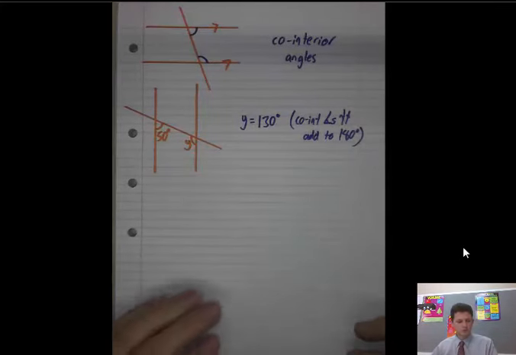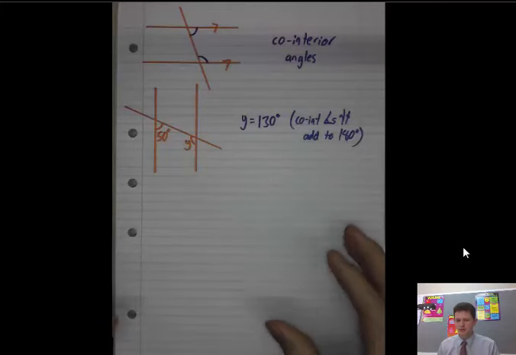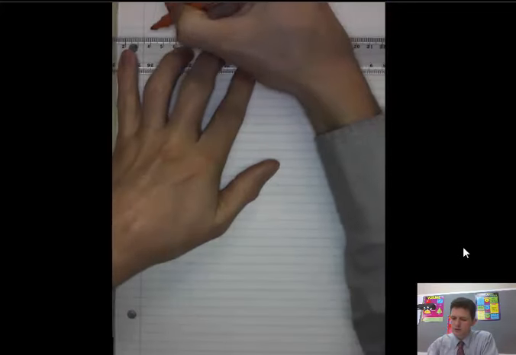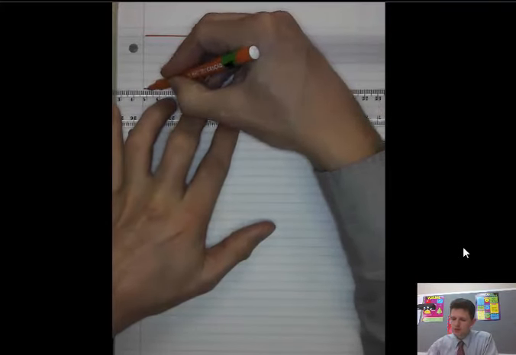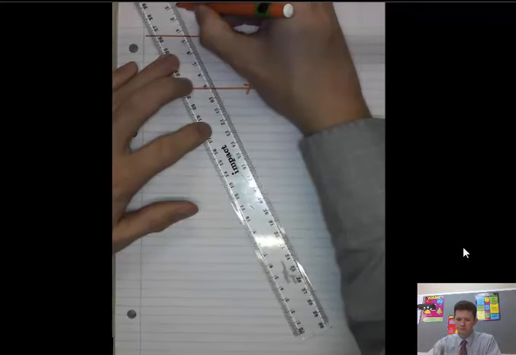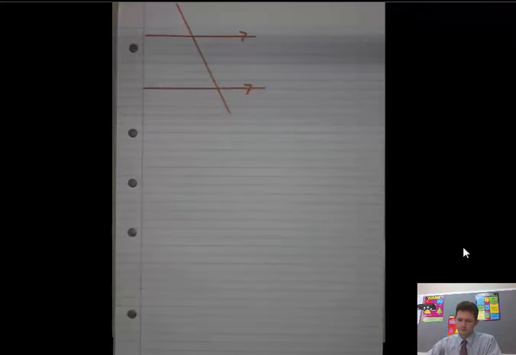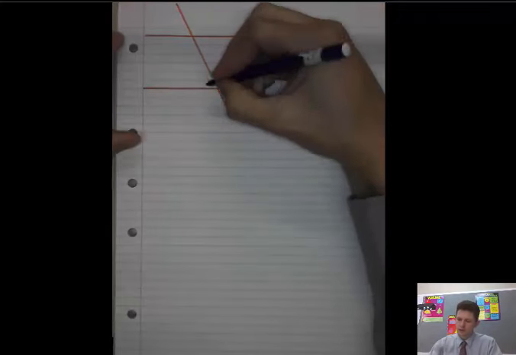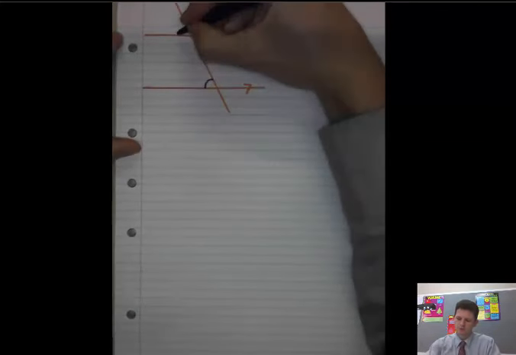So that's the first 2 rules, both applying to angles inside the parallel lines. Our 3rd rule uses an angle outside the parallel lines. So let's just have a look at it. So we could have that one and that one.